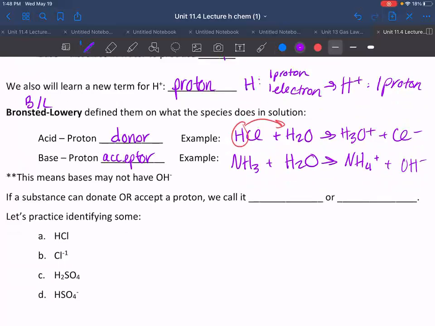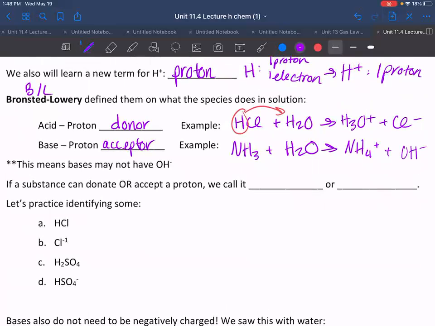Now, we have some special substances that could donate or accept a proton, depending on where they're at. We're going to call these amphiprotic, but you may see this in other places as amphoteric.